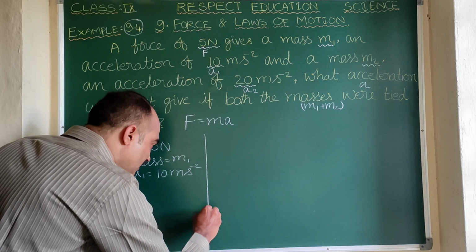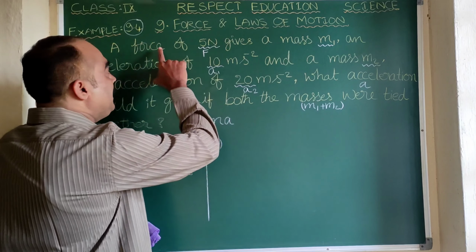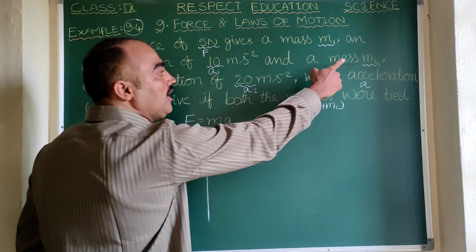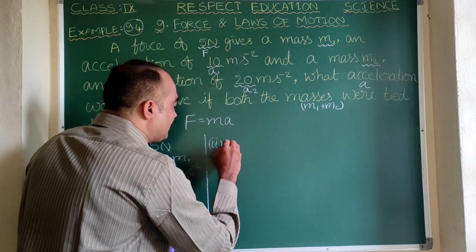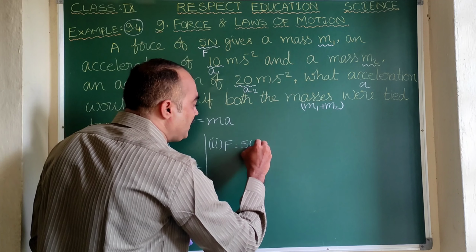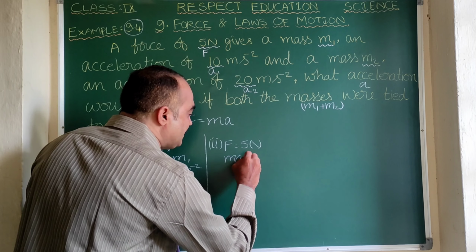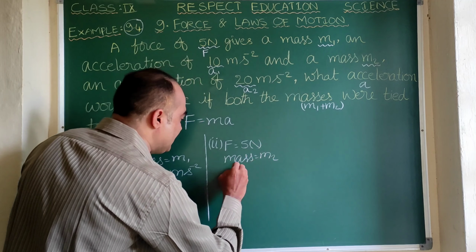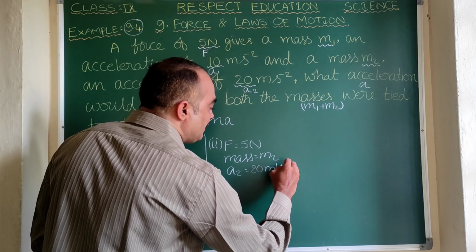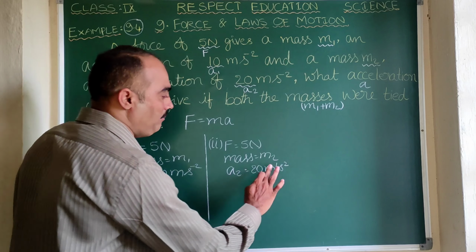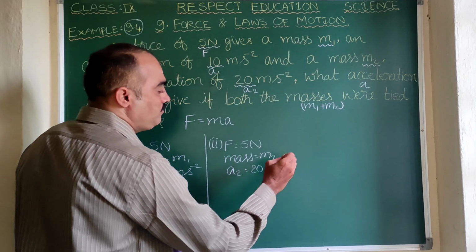So this is case 1. And the second case is the same force applied on an object whose mass is m2. Here F is equal to 5 Newton in that case also, the mass is m2, and the second acceleration is 20 meter per second square, or we can write m into s power minus 2. Both are same.